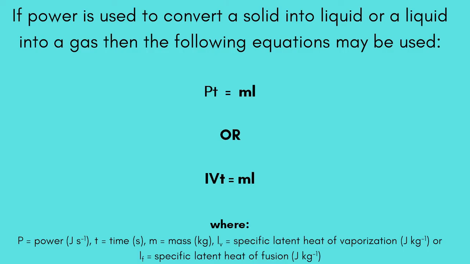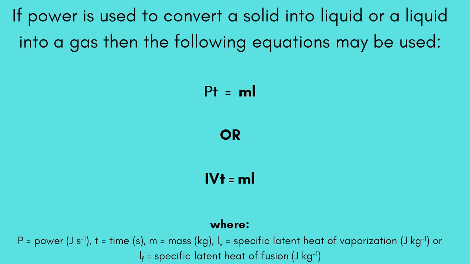If power is used to convert a solid into liquid or a liquid into a gas, then the following equations may be used: P times T is equal to mL.